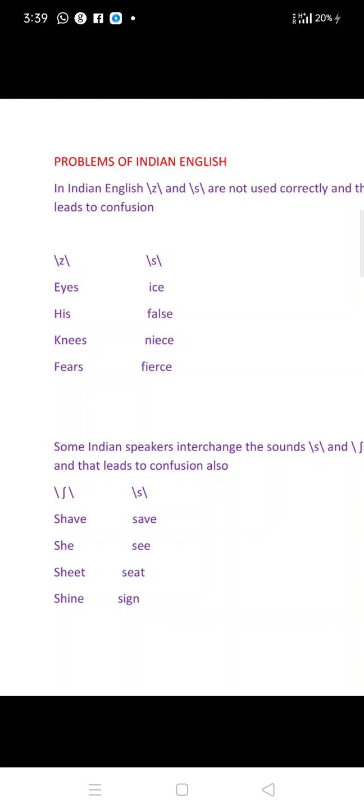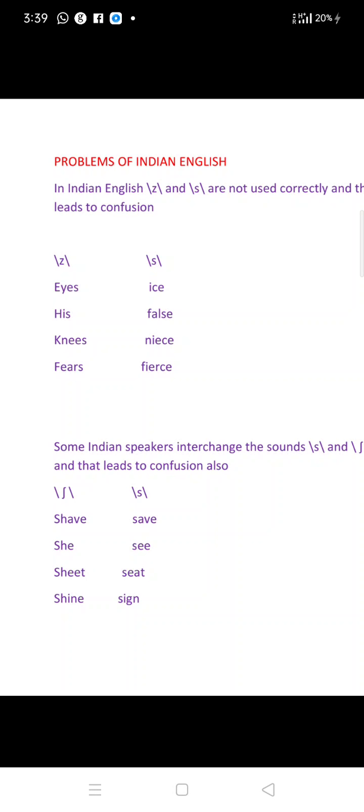Similarly, the word his: the sound here is actually z, not s. So you should pronounce it like his, not hiss. Knees, fears. In this way you should pronounce.